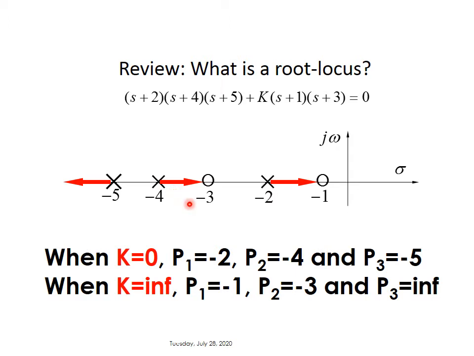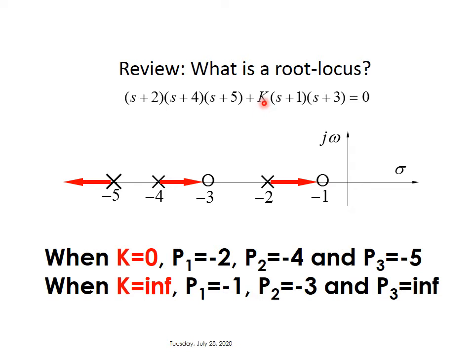Okay, so these crosses are the position of the poles of our characteristic equation as k equals to 0. So what about the other extreme case where k equals to infinity? If k equals to infinity, what happens to our characteristic equation?